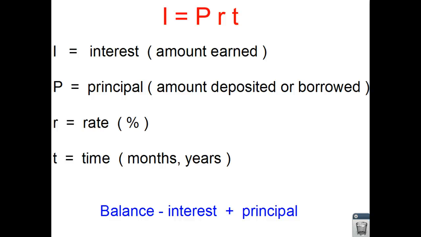That's your starting amount. R is the percentage, and we've talked a lot about what percentages are. And then time in months or years is represented by the T. And we've already talked about what the balance is down here. That's the interest added to the principal.